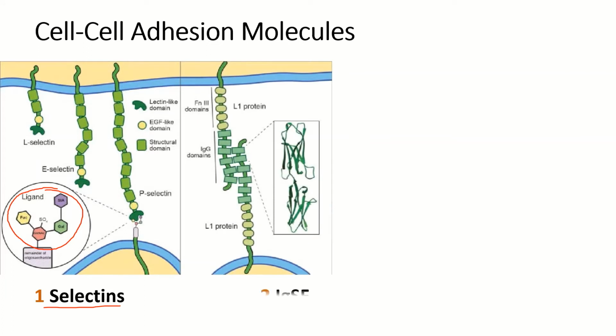Then here we have the immunoglobulin superfamily. In this first example, you can see FN, or fibronectin, which is part of the segment of your IGSF. And then in this portion, you have the immunoglobulin domain, which contains an RGD sequence.